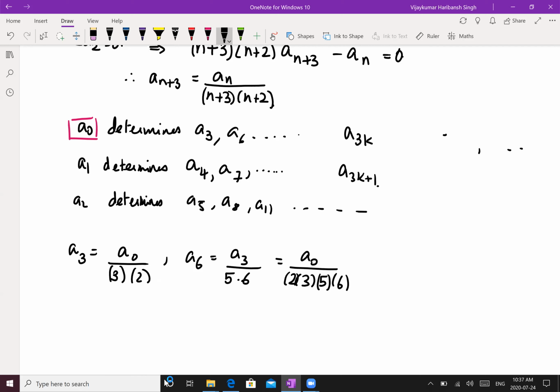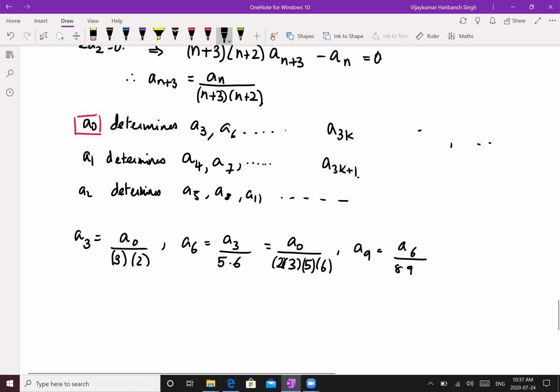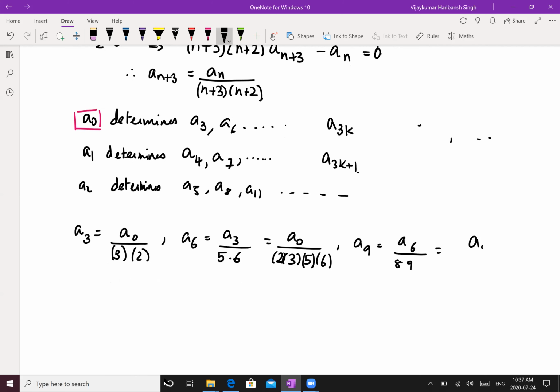And similarly, a9 is going to be a6 divided by 8 times 9, which is going to be a0 over 2, 3, 5, 6, and then 8, 9. So you can see that there are gaps here. There's a gap of 4, and then there's a gap of 7.